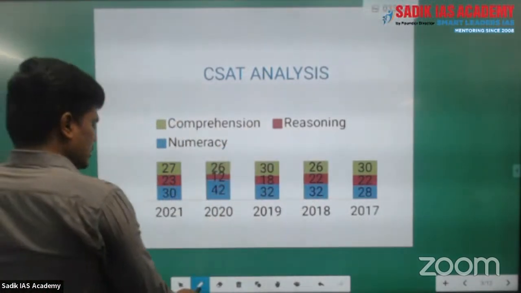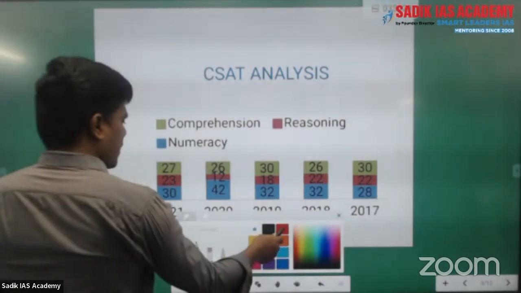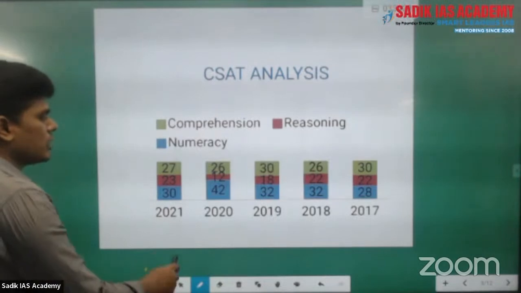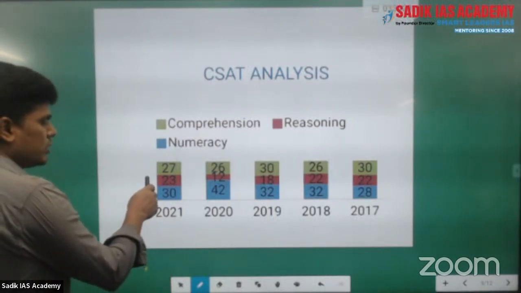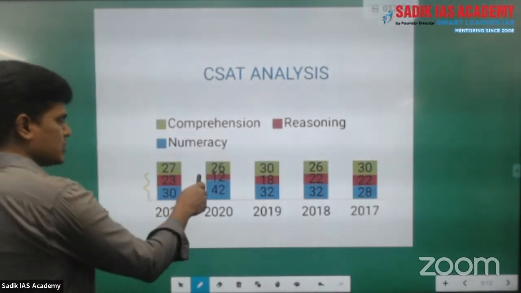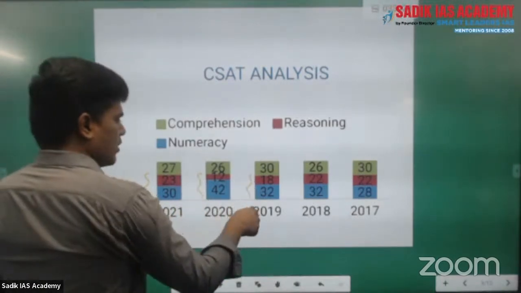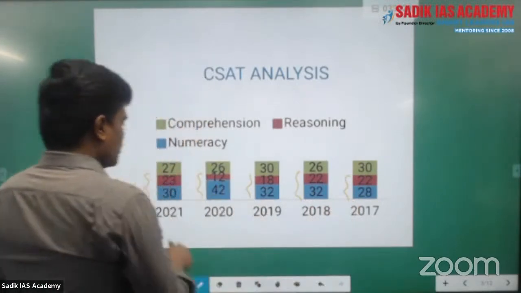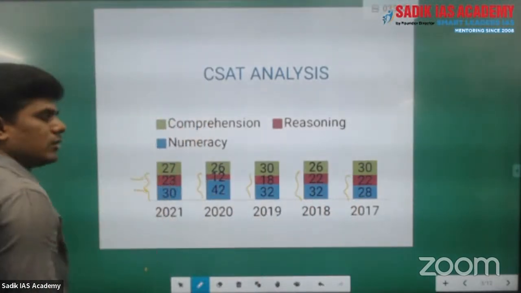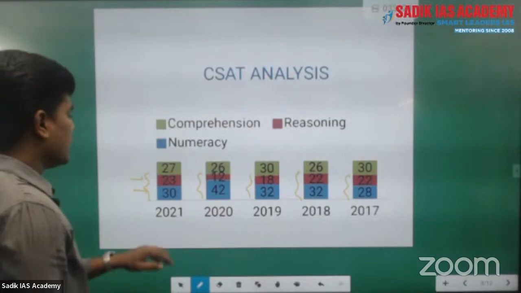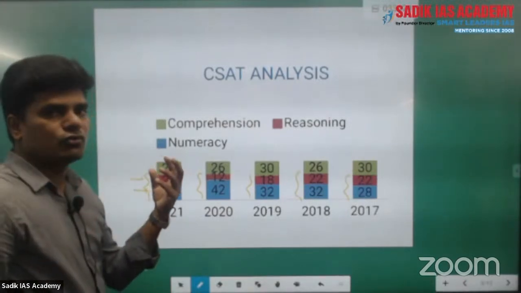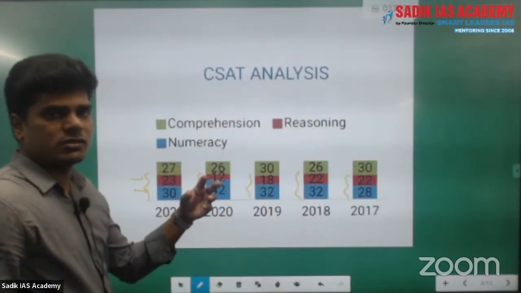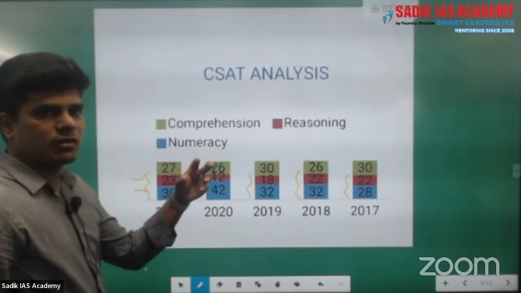Now if you look at it, more than 50 questions come from these 2 areas, which are mathematical based, the pure maths and the reasoning. And I have already said you have to correctly write a minimum of 28 questions to get through this paper.